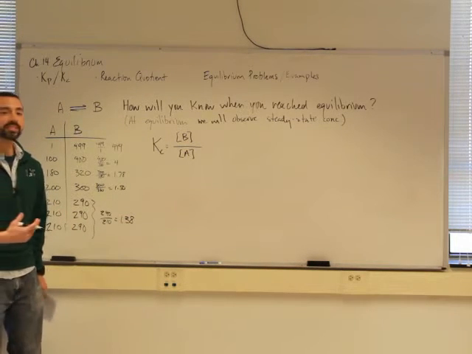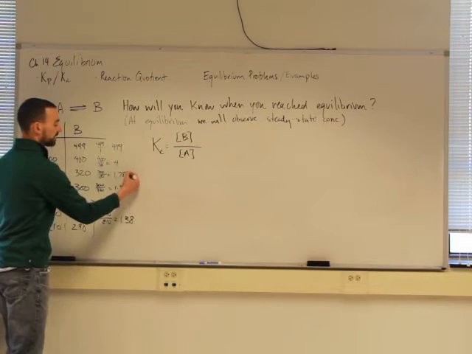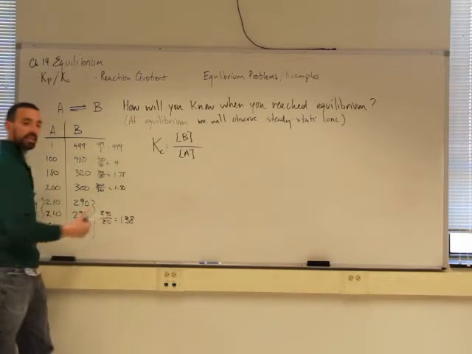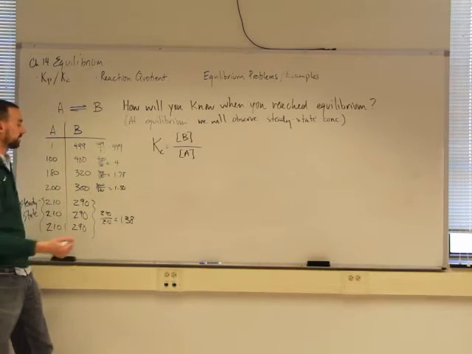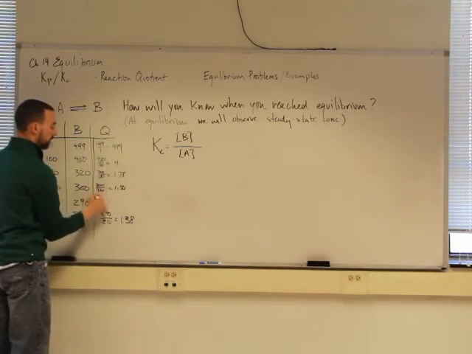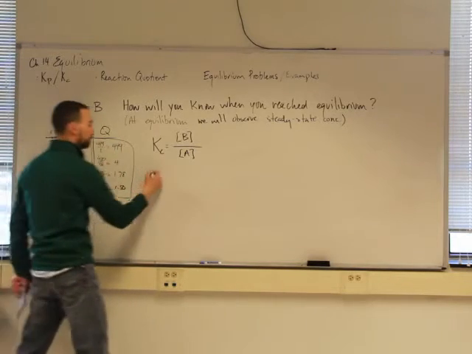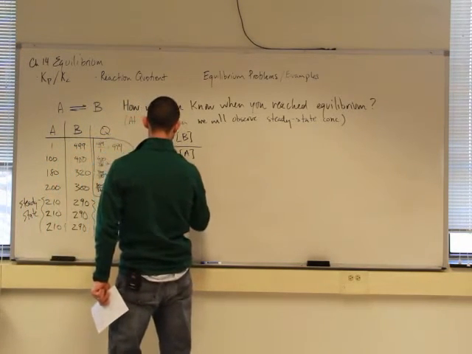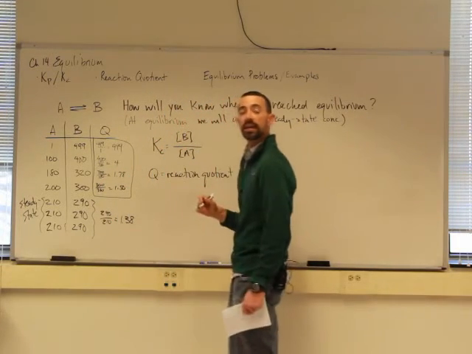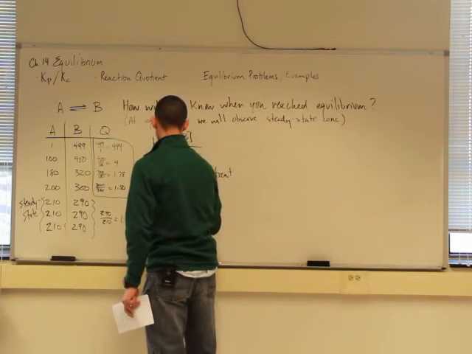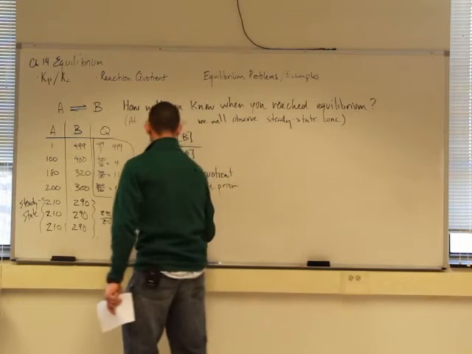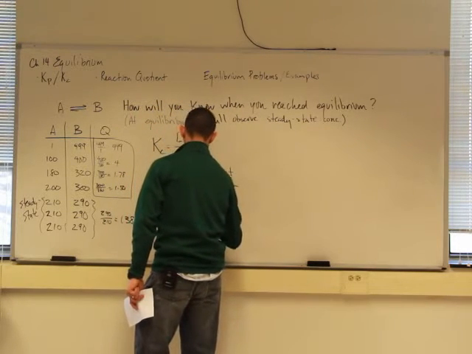It is not coincidence that this number is systematically getting smaller and smaller until it equals the equilibrium constant. And in fact, we have a name for all of these values. We would call them Q, the reaction quotient. All right? It is the equilibrium constant essentially at a time prior to establishing equilibrium.